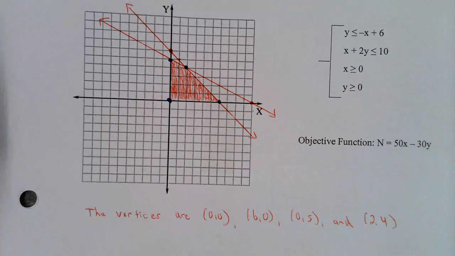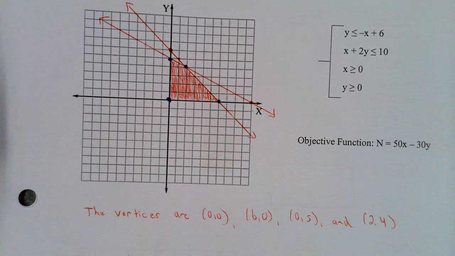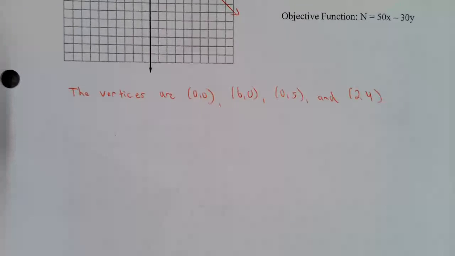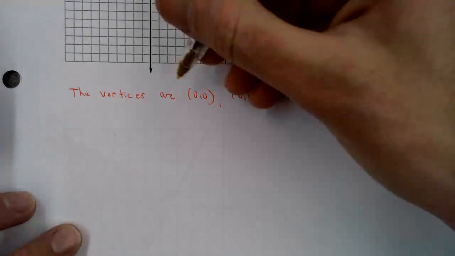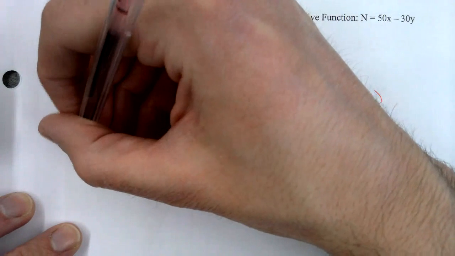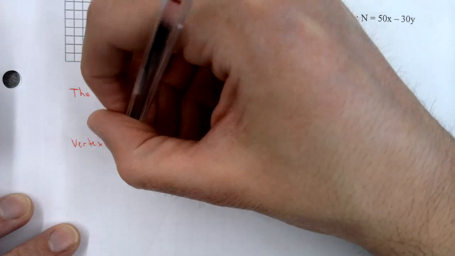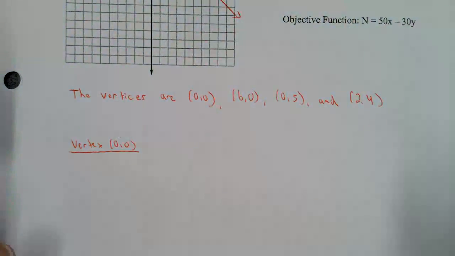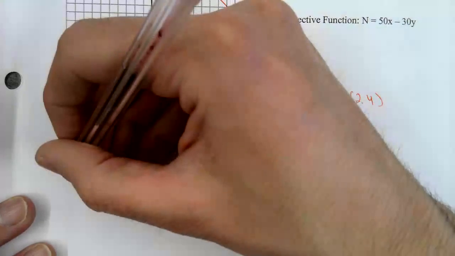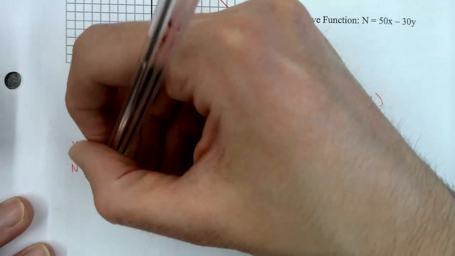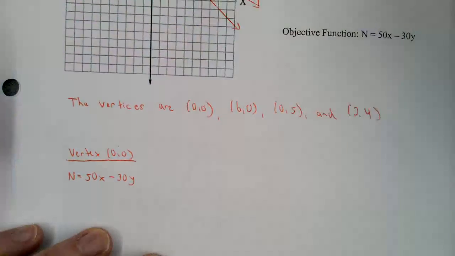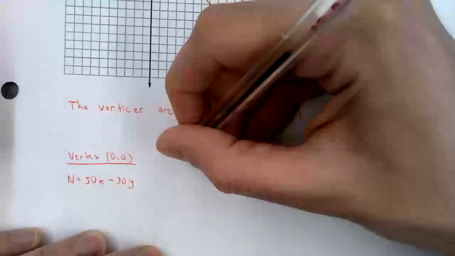All right, now we're going to test each one in the objective function and see what our minimum and maximum values are. I'll go a little faster this time since we've done one just like this. I'll do all 4 vertices, so let's start with 0, 0. I'll copy the objective function above, which is 50x minus 30y. I'll do this for each vertex, so let's do it now. Next vertex is 6, 0.